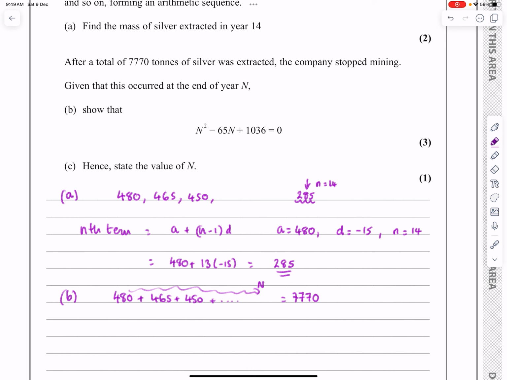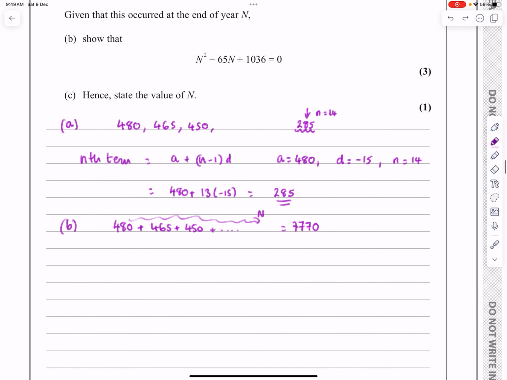So that's the sum of n terms, so I can put it into the sum of n terms formula. Again, something you should know for an arithmetic series, it's n over 2, 2a plus n minus 1 times d, and the only thing we don't have in this formula is the n.